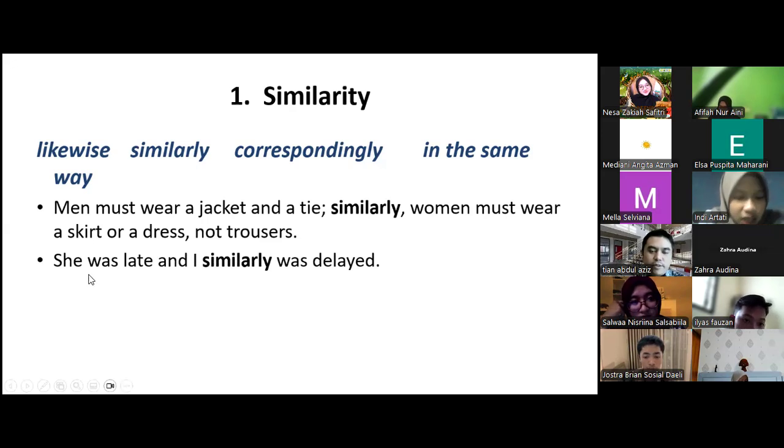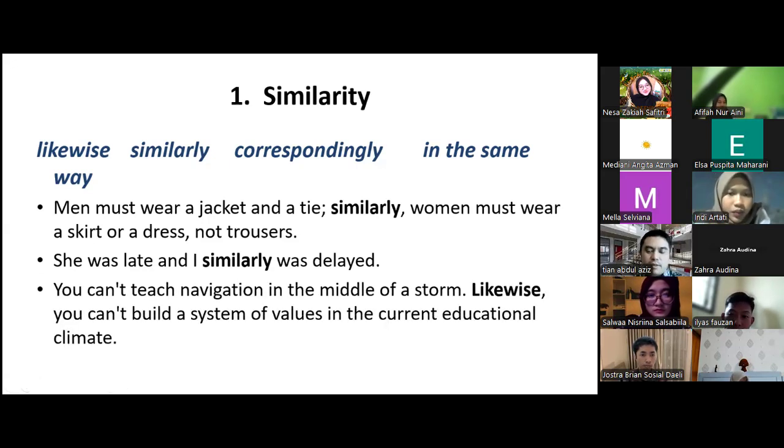The first sentence, the first idea, is the woman who was late, and the second idea is I was delayed. So we join those two ideas using similarly, because they are two similar situations. Okay, Zahra, continue.